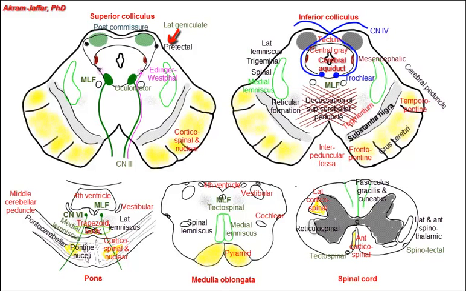The Edinger-Westphal nucleus also receives afferent fibers from the prefrontal cortex. Some of these fibers are directed to the motor nucleus of the oculomotor nerve to supply the medial rectus. Others are directed to the Edinger-Westphal nucleus, and these fibers are responsible for the innervation of the pupillary muscle and the ciliary muscle.